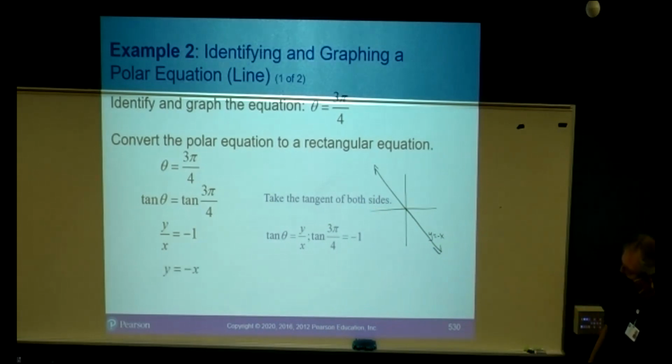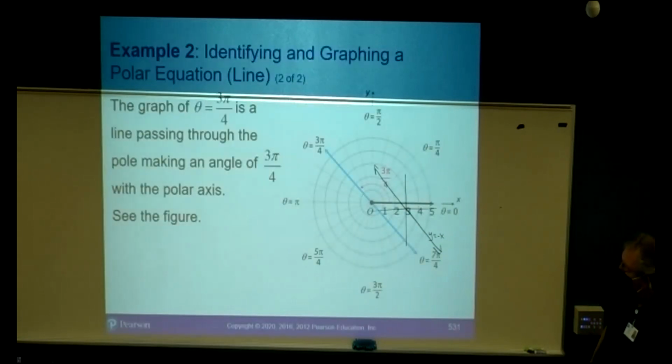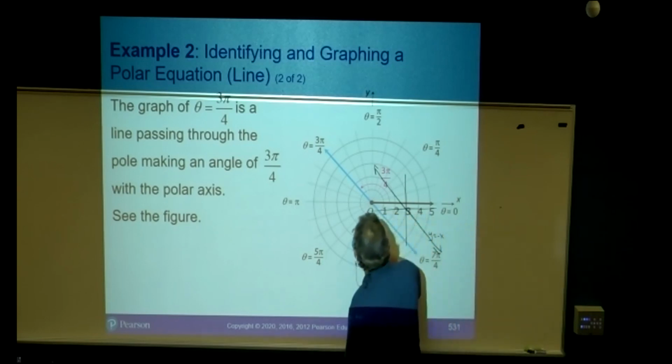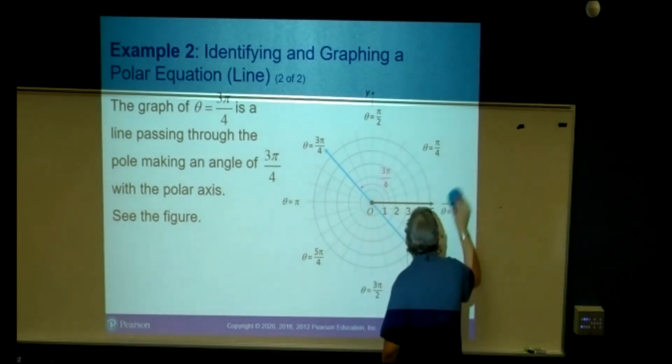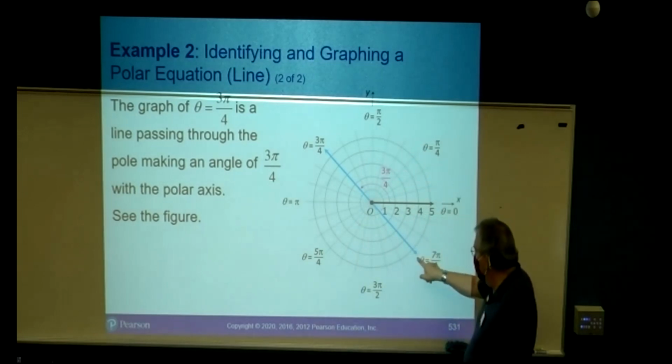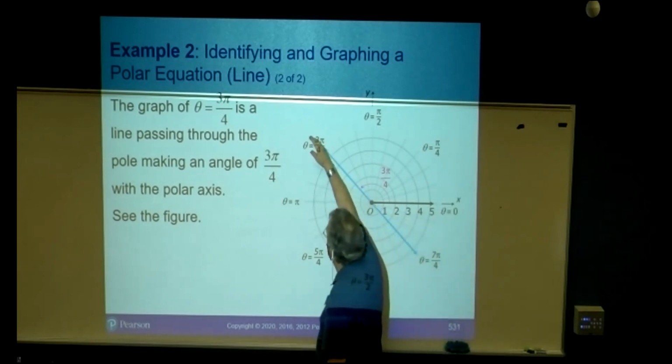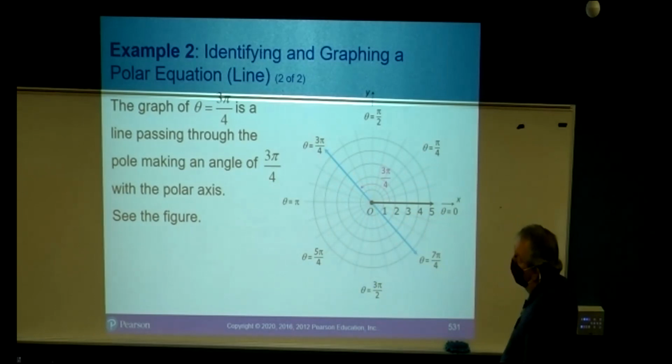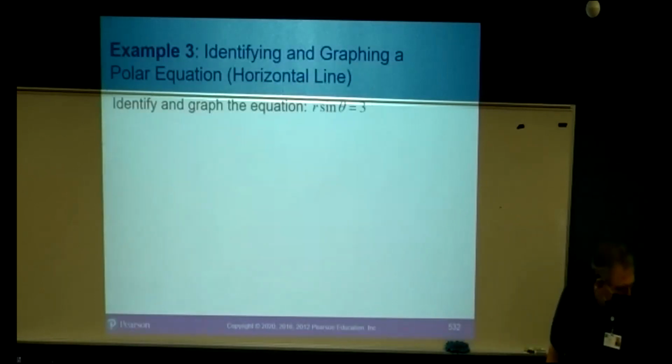And so, not too far off from where they drew the picture. And so this is the line theta equals 3 pi over 4. They're not designating a radius. So the radius could be positive, which is going that way, or the radius could be negative, which is coming this way. And there we have it.